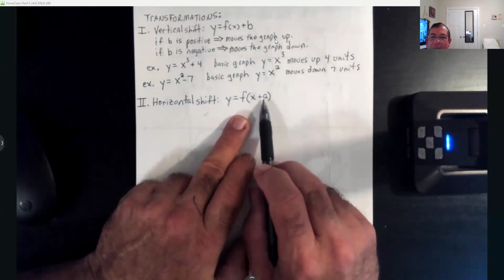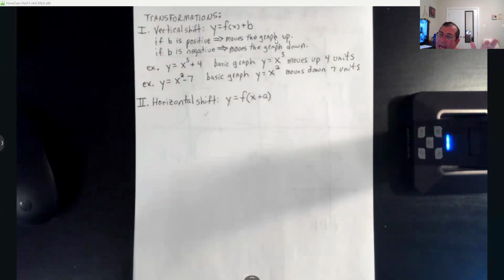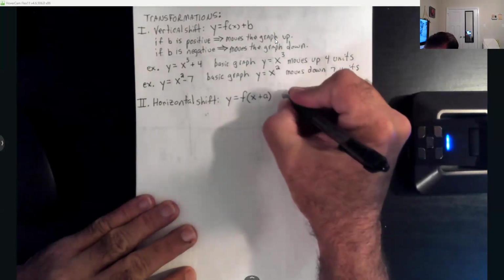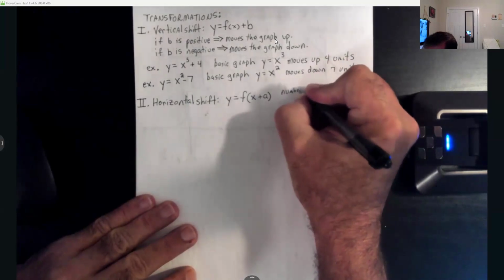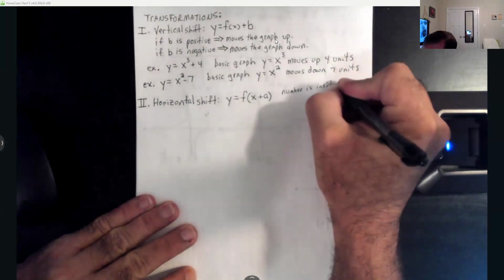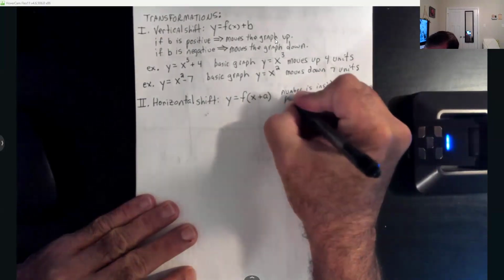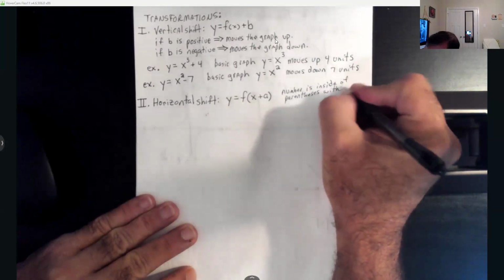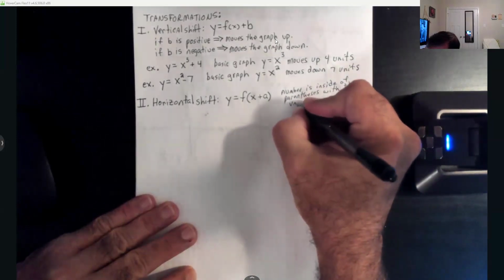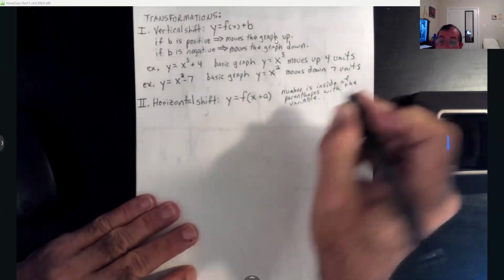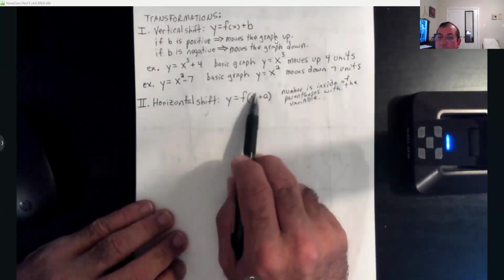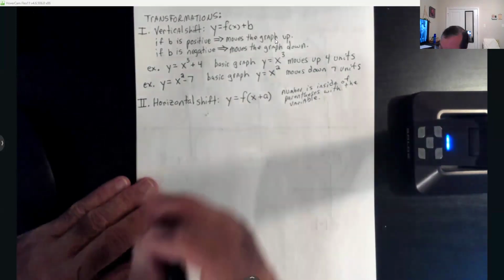Down here, the number is going to be inside parentheses with the variable, okay? These numbers up here on these first two examples, they're not in parentheses. But if the number is in parentheses with the variable, that's moving us left or right.